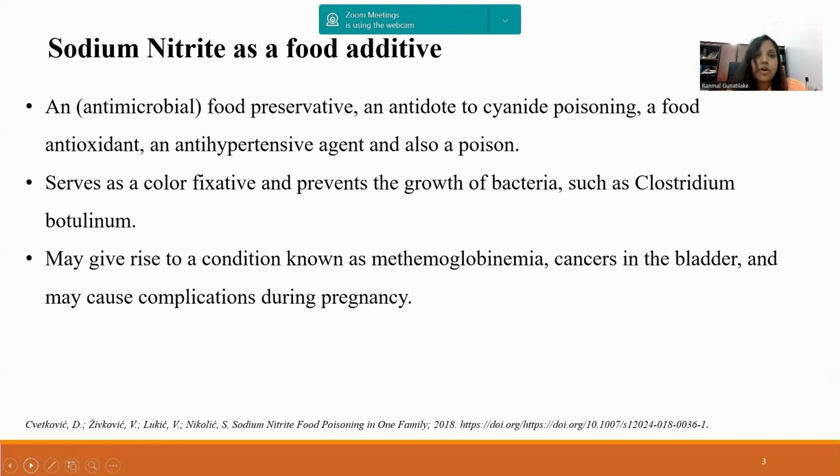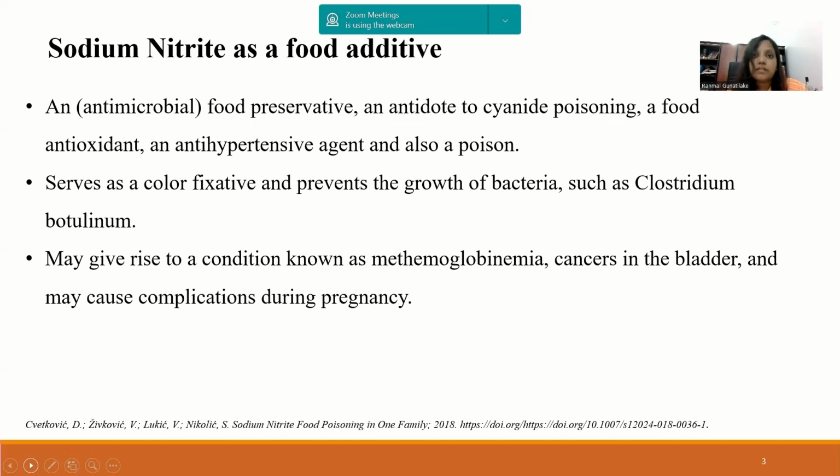Sodium nitrite is also a food additive approved by the USDA and is very widely used in curing meat and meat products, and it serves as a color fixative and prevents the growth of bacteria such as Clostridium botulinum. It is also a strong reducing agent which has antibacterial properties, but a higher than necessary amount of sodium nitrite when consumed may give rise to a condition known as methemoglobinemia, which is a peculiar and potentially fatal disease.